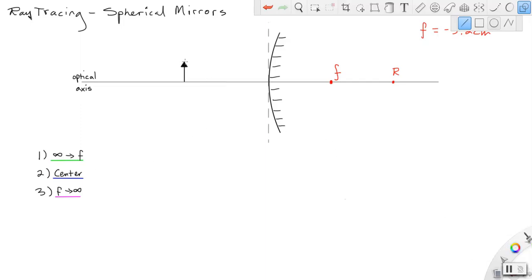So I'm going to take green here and create a parallel ray all the way up to the optical plane. Now it's important on your ray trace that we are not going to go all the way to the device itself.